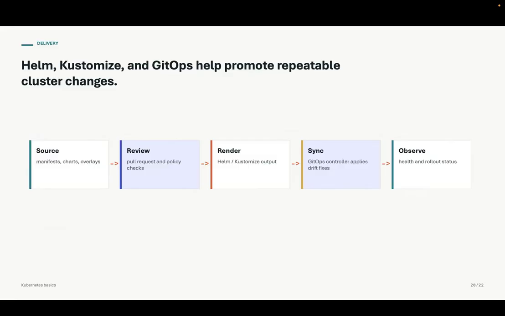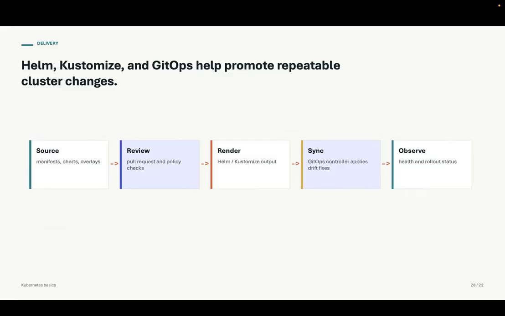Helm is a very important, famous packaging tool which gives you a way of managing your Kubernetes resources as charts. Kustomize lets you compose and patch the manifests for different environments without any templatization. GitOps uses your repository as the source of truth and continuously reconciles the cluster toward what is declared in Git.